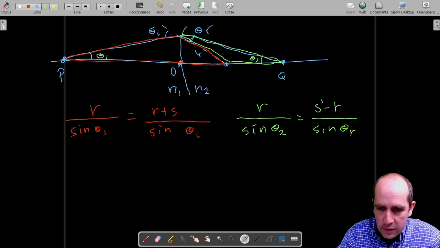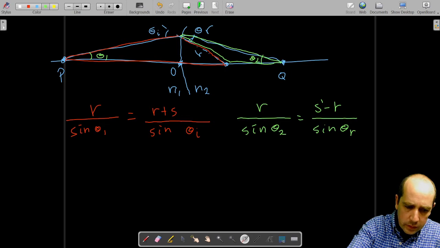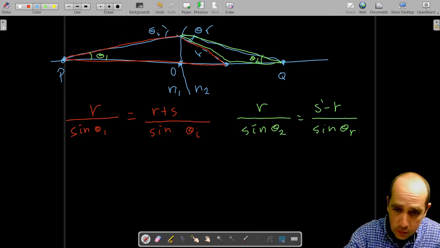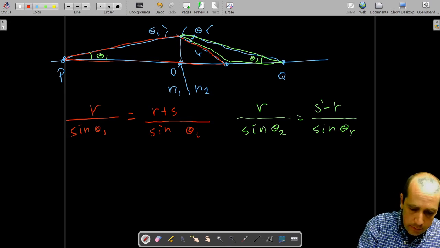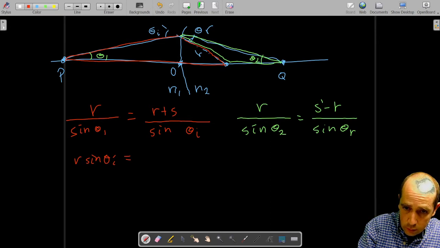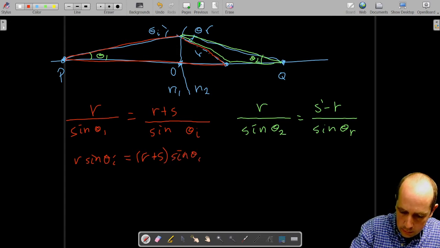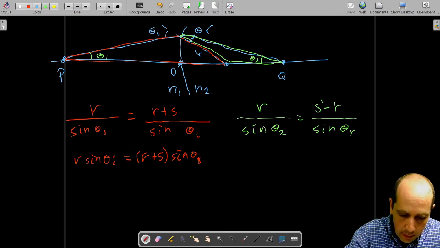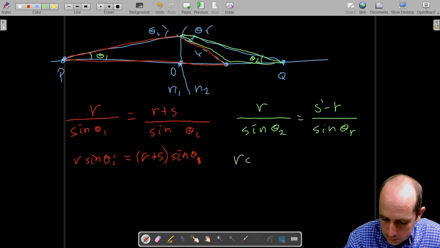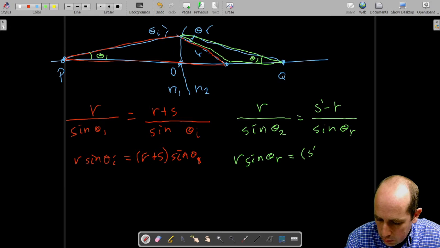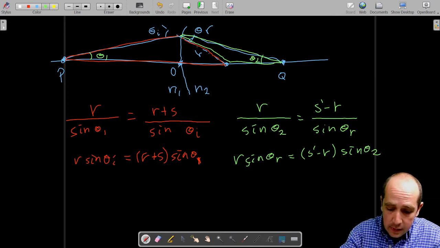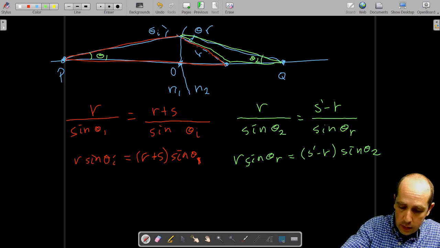So from these two relationships, what we can obtain is that on the one side we have r sine theta i equal to r plus s sine theta 1, and also we have that r sine of theta r will be equal to s prime minus r sine theta 2.